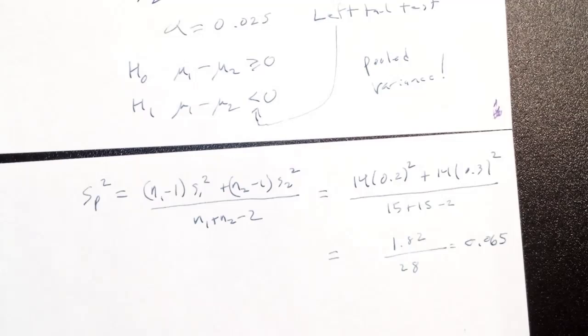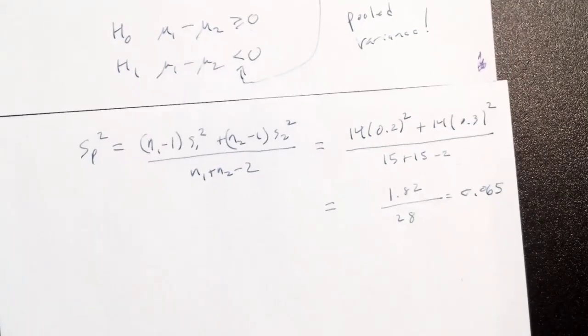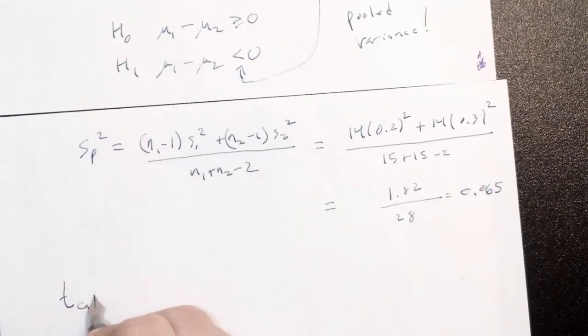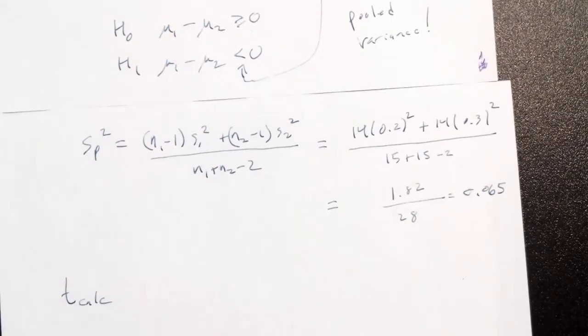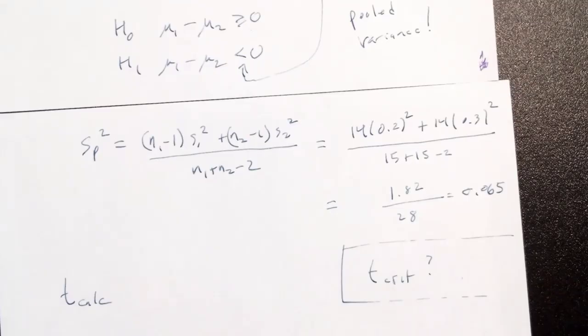Now, I want to do my t calculation, right? I also need one other piece of information. I need a t critical. I'll get that afterwards. So I'll put that over here in a box so I can remember to do it later.